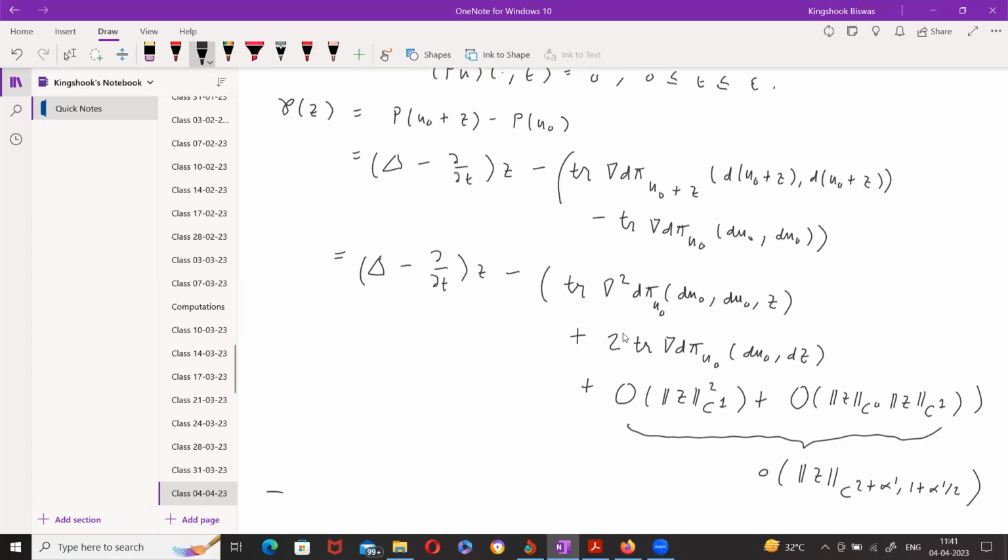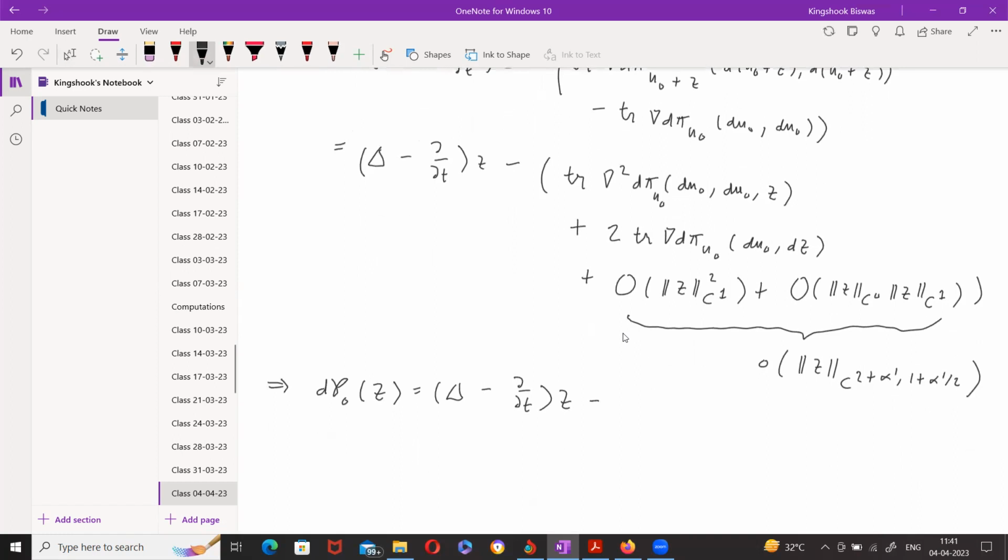So this part will be the derivative. Okay. So that implies that dp naught acting on z, this will be delta minus del t z minus trace of lambda squared d pi at u0 acting on du naught z minus twice trace of lambda d pi at u naught acting on du naught dz.